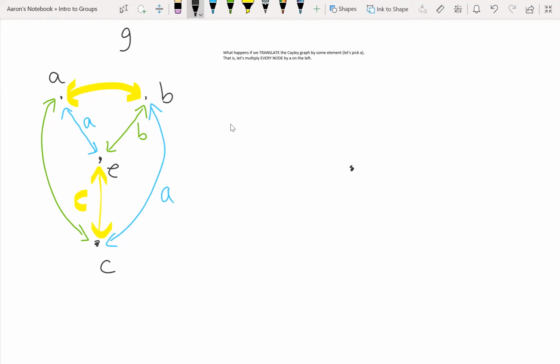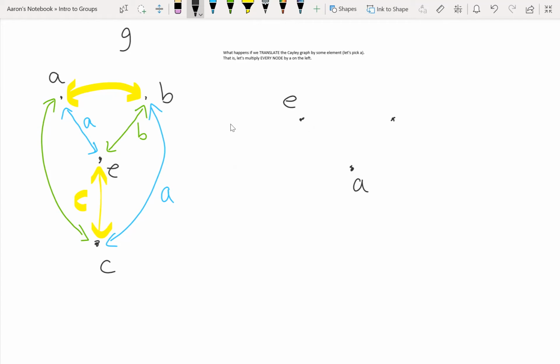All we're going to do is leave every node in place, just for the sake of clarity, multiply the nodes by A, and then redraw our arrows. So the identity, when we multiply it by A, we just get A. A, when we multiply it by A, we get the identity, because we stipulated that in our operation.